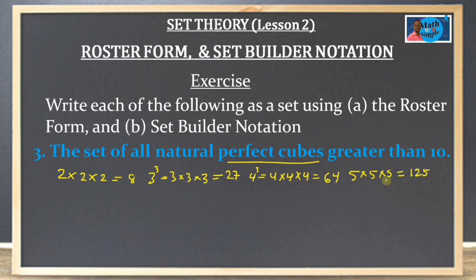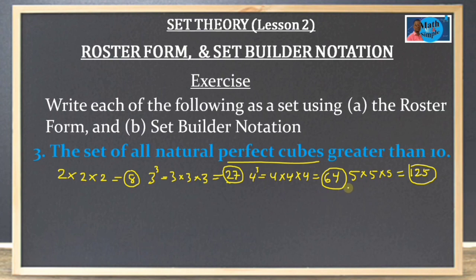Okay, so these are perfect cubes. Now the problem says perfect cubes greater than 10. So this is 8. 8 is less than 10, so it's not going to be part of the set. And the first member of that set will be 27, because 27 is greater than 10. So you have 27, you got 64, then you have 125. Okay, so these are the first 3 members of that set.